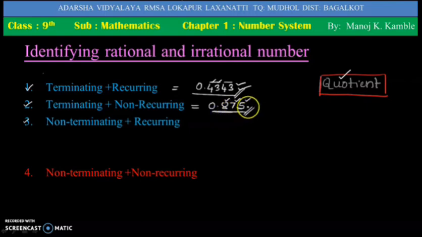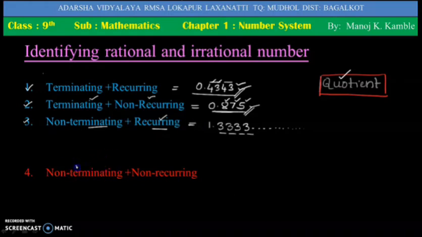Third, non-terminating with recurring. For example 1.3333. This is non-terminating because the decimal expansion continues, and the digit is repeating, that is 3333. That's why this type is called non-terminating recurring decimal expansion.